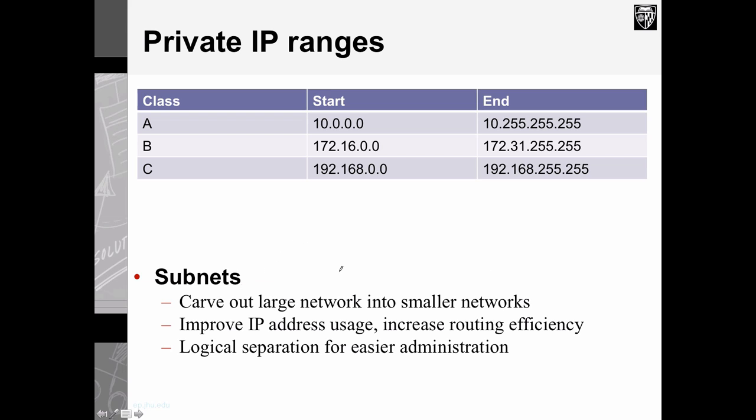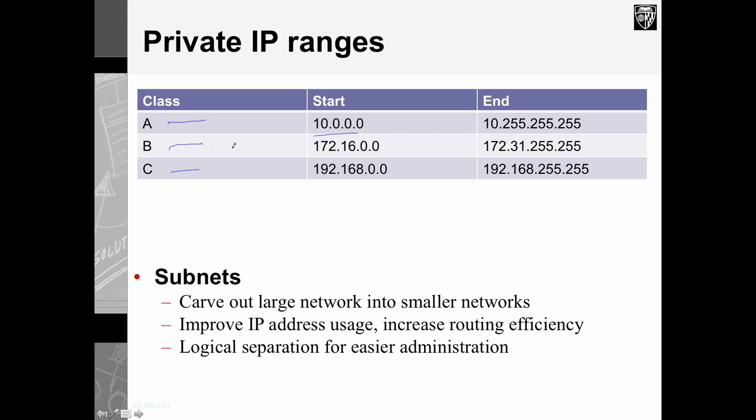The next thing we want to talk about is the private IP range, or sometimes you might see references to RFC addresses. And there are three ranges of IP addresses that we commonly deal with: Class A addresses, Class B addresses, and Class C addresses. The range for Class A is the entire 10 network, as it's called, from 10.0.0.0 to 10.255.255.255.